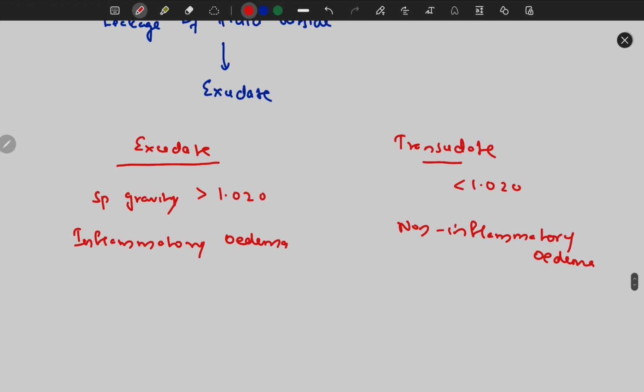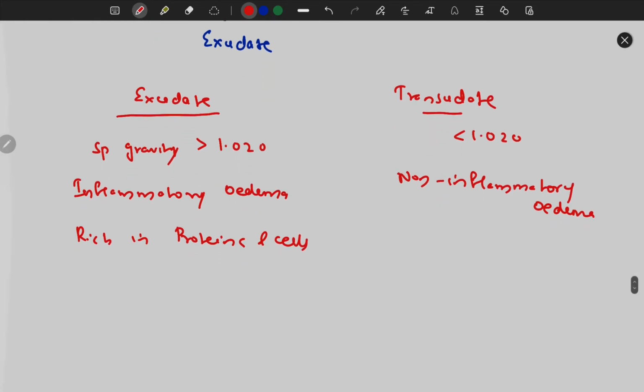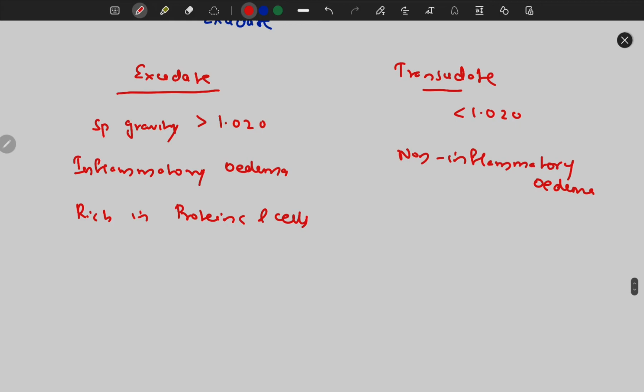The specific gravity is greater than 1.02 because exudate is rich in proteins and cells, and there will be high LDH, that is lactate dehydrogenase, whereas the transudate is poor in proteins and cells, and has a low amount of lactate dehydrogenase.